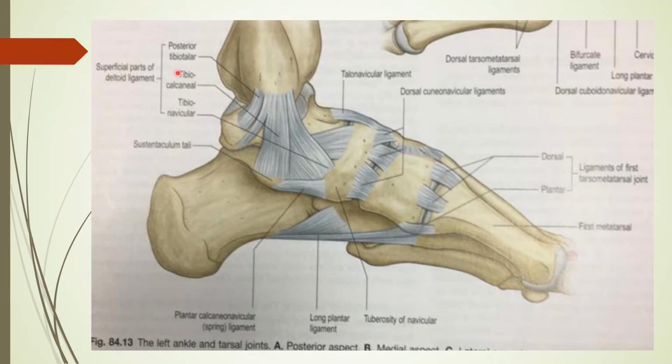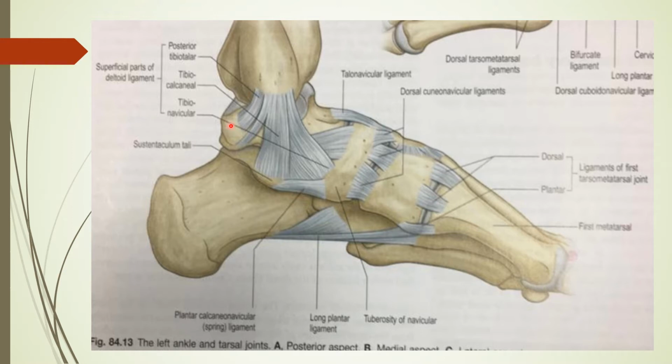First is the superficial part of the deltoid ligament, which has three parts. The posterior tibiotalar connects the tibia with the medial tubercle of the posterior process of the talus.